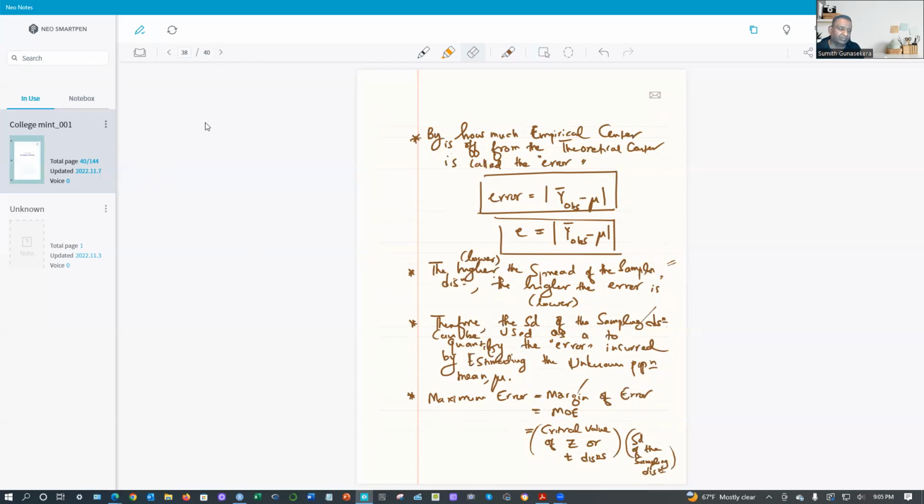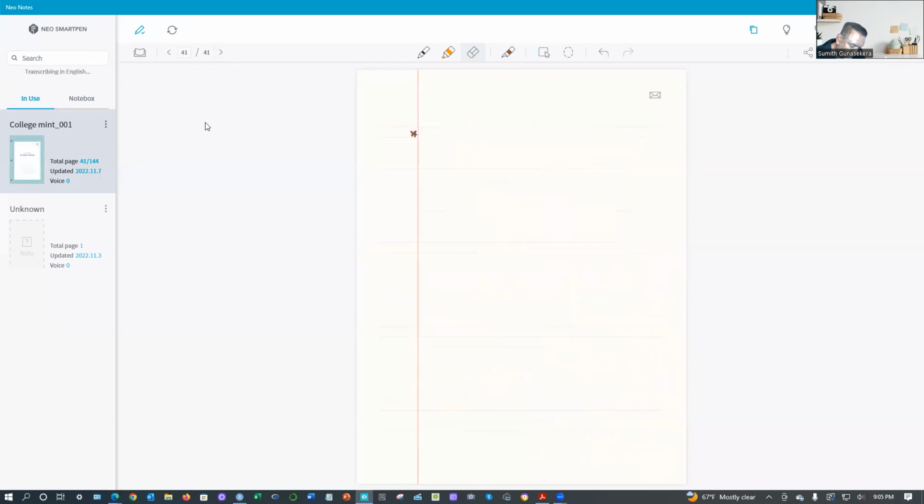The error right here has to be less than or equal to the maximum error. Absolute error, let's say like that. Absolute error less than or equal to the maximum error.